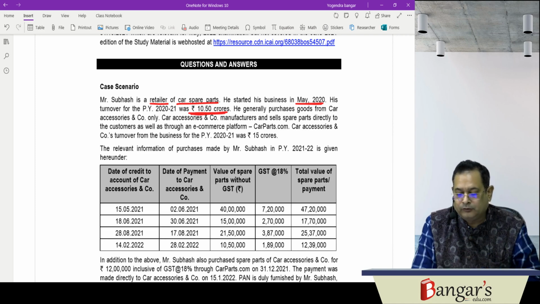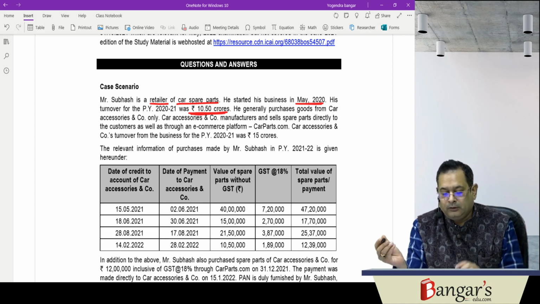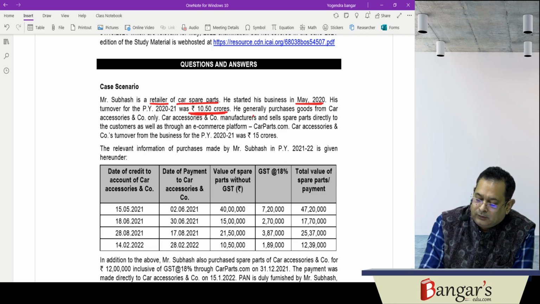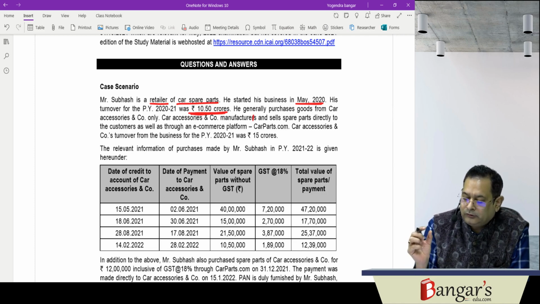Now here, he generally purchases goods from Car Accessories and Company only. Car Accessories and Company manufactures and sells spare parts directly to customers, as well as through the e-commerce platform carparts.com.